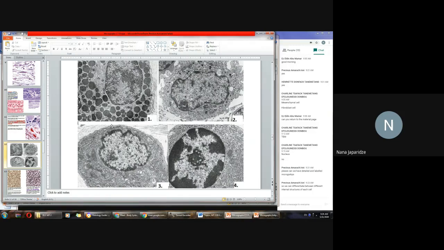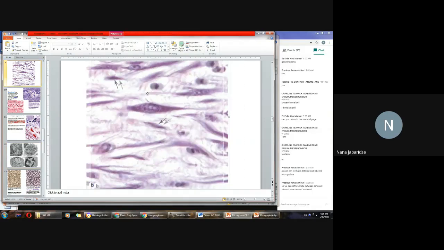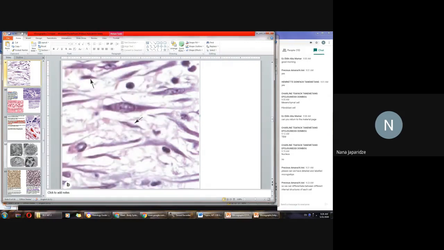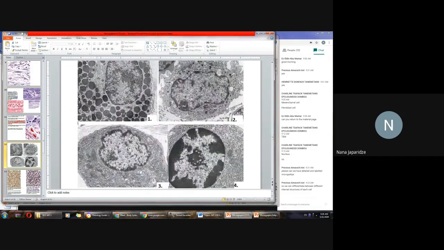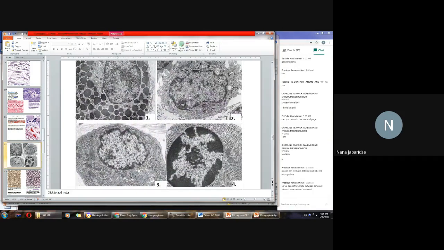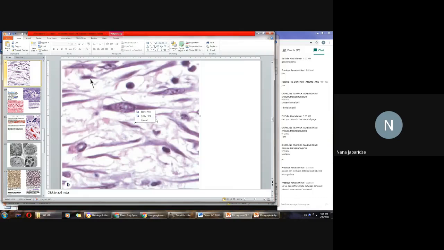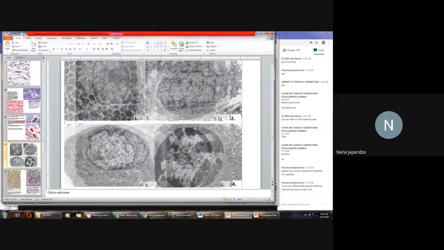if you compare, for example, this image, I mean, the image of fibroblast with this one, look, this one, I will put it here too.